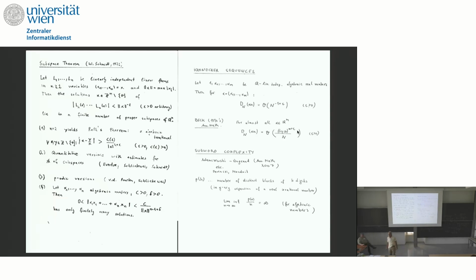So for algebraic numbers, one cannot get a Sturmian sequence, because a Sturmian sequence has the smallest subword complexity, which is n plus 1, which is linear. And for algebraic numbers, it can be shown by the subspace theorem that it cannot be linear. The lim inf has to go to infinity. So, thank you very much. This is the end.